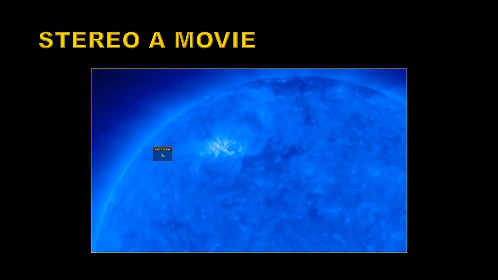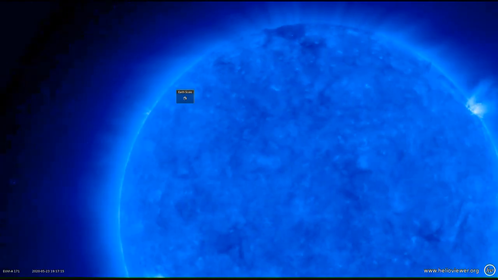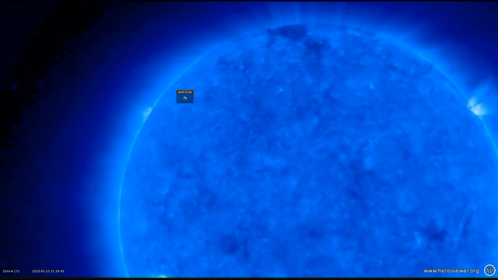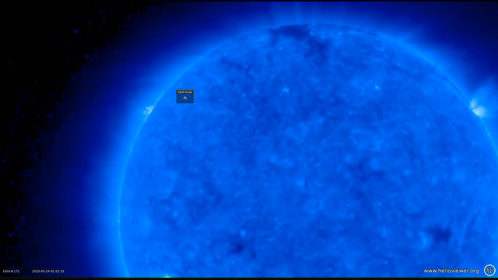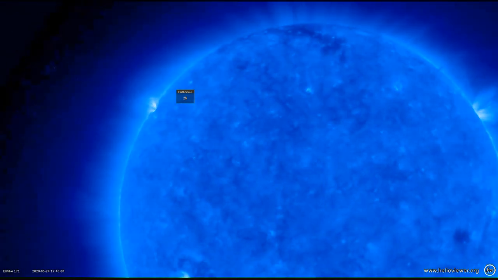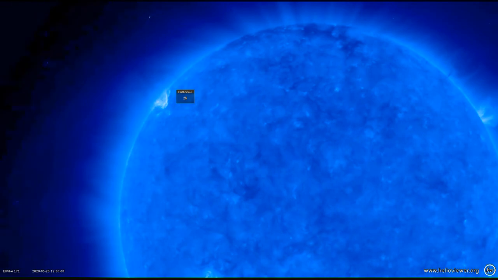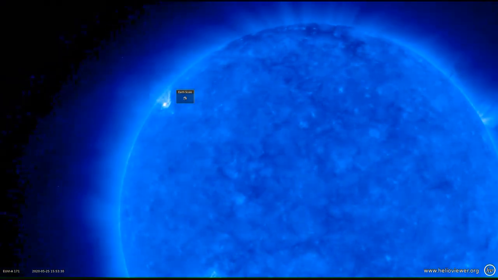Stereo A is off the east limb of the sun at the moment, so the current limb that we see is down about the middle of this picture. Let's see how this region developed over the previous few days. We can see that even in this channel, the region appears on the limb of the sun still partly developed, so the region is much longer lived than just the video shows.